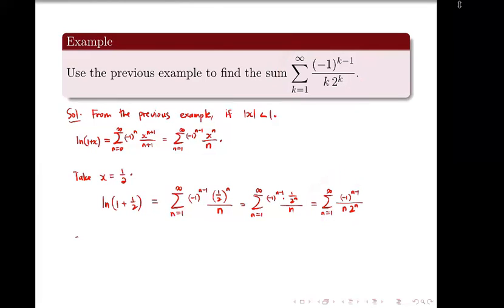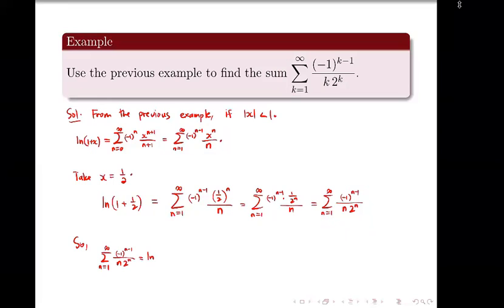So let's just replace n with k or whatever. We can even retain the n. But anyway, we have here the sum from n equals 1 up to plus infinity, negative 1 raised to n minus 1 over n 2 to the n.